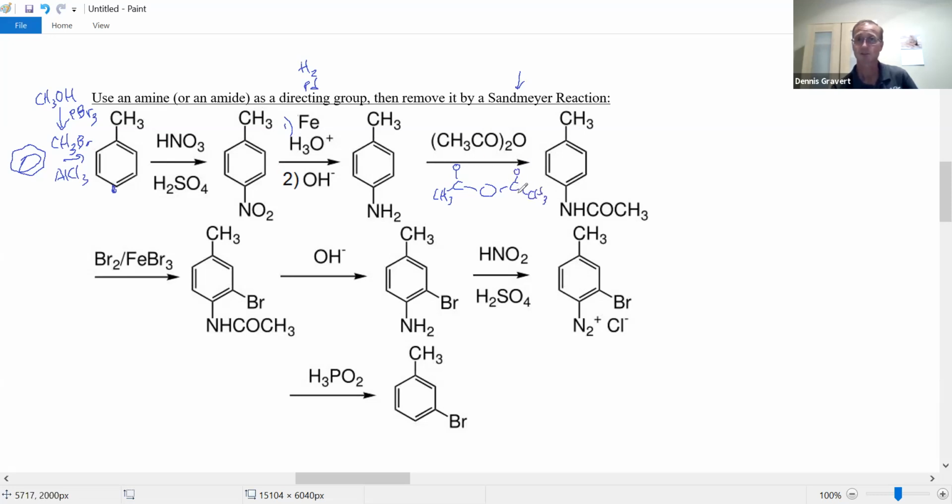And wait, this carbon only has 3 bonds. Hey, that oxygen only has 1 bond. Yeah, it's a double bond. Oh, it's acetic anhydride. Acetic anhydride reacts with an amine, usually with pyridine, or the amine could serve as the base, to form an amide.